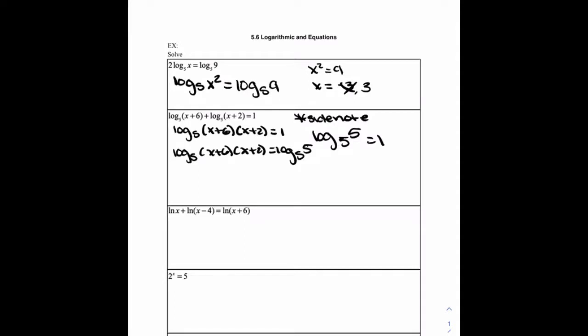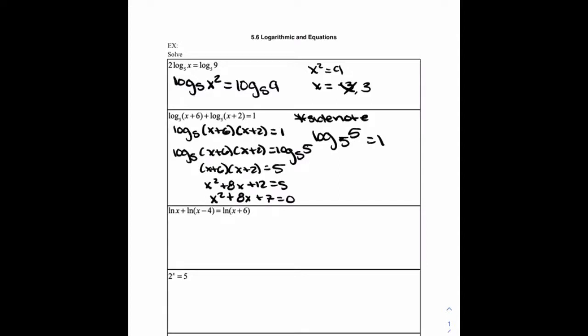And now I have the same bases, so I can drop the base and solve. So x plus 6 times x plus 2 equals 5. This equals x squared plus 8x plus 12 equals 5, which is x squared plus 8x plus 7 equals 0.